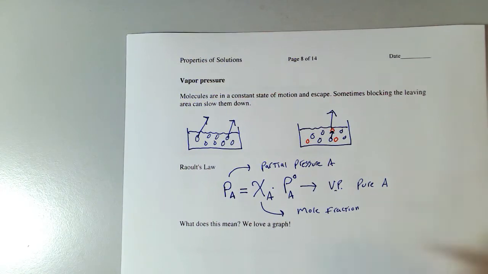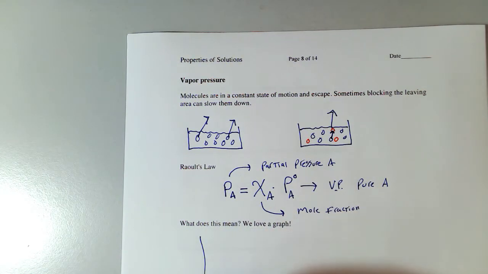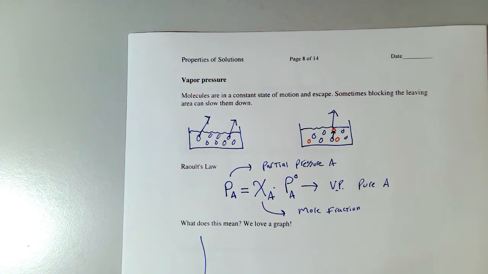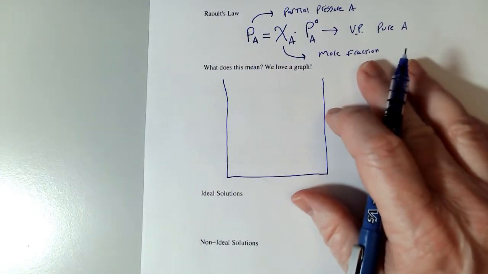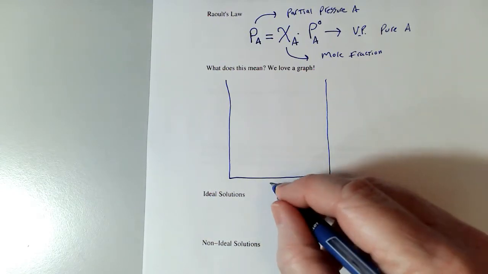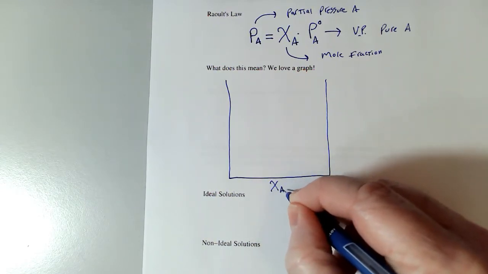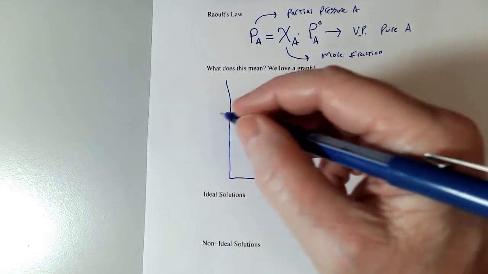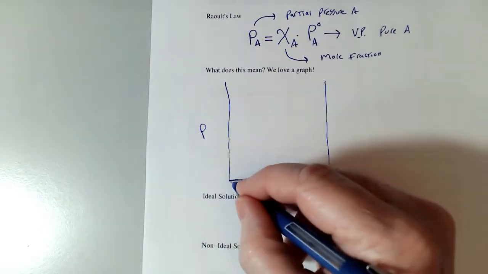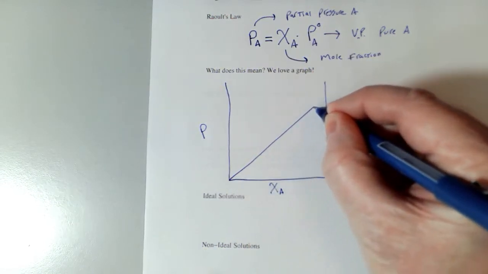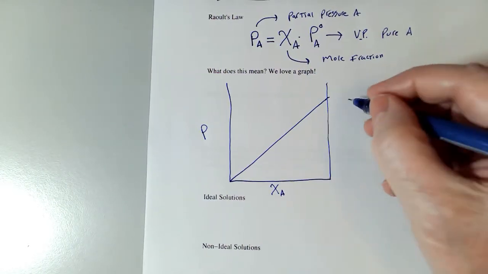Okay? Now, mathematically, we can graph this out. And what we're going to see is a graph here where we put the mole fraction of A down here. And we have pressure on that axis, and this goes up linearly. It's a linear expression.